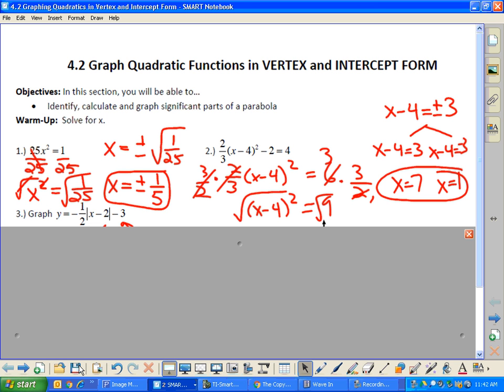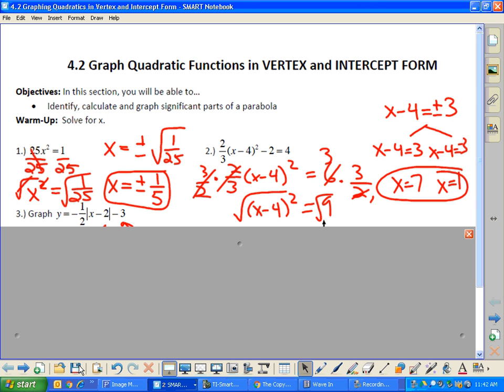For number 2, again, I solved that with our SADMEP. When I solve for x, I feel like I'm peeling an onion, you know? I just peel off those layers until I get down to my x value. So I added 2 to both sides. I undid the multiplication of 2/3 by multiplying by the reciprocal, which is 3/2.